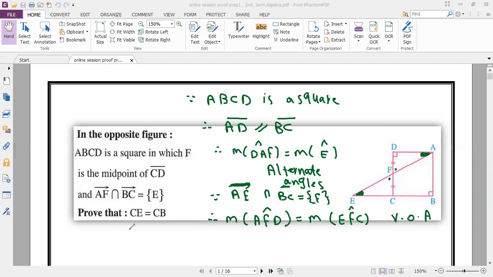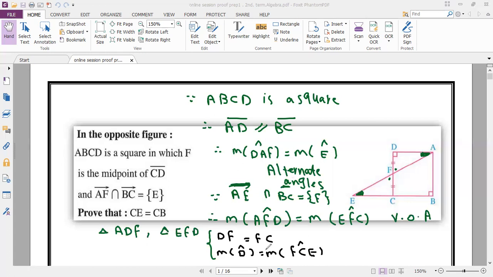So the two triangles are congruent, triangle ADF and triangle ECF, in which DF is equal to FC, and measure of angle D, which is 90, is equal to measure of angle FCE, and measure of angle AFD is equal to measure of angle EFC.